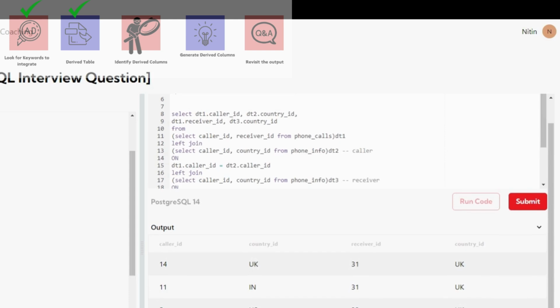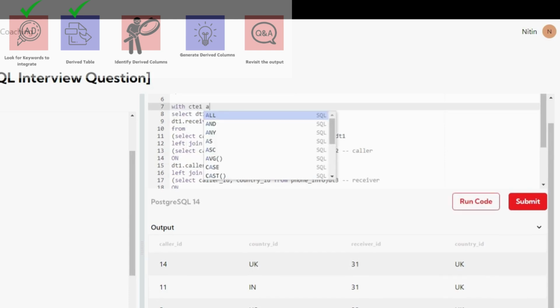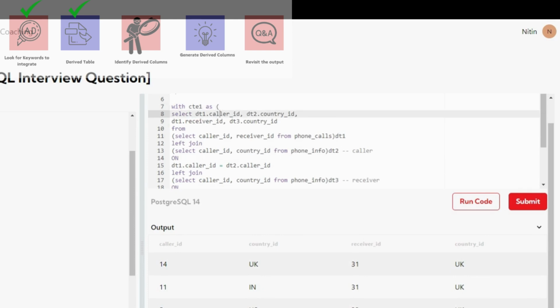So what I will do is, since the trend is to create CTE, I'll create everything as a CTE, right?